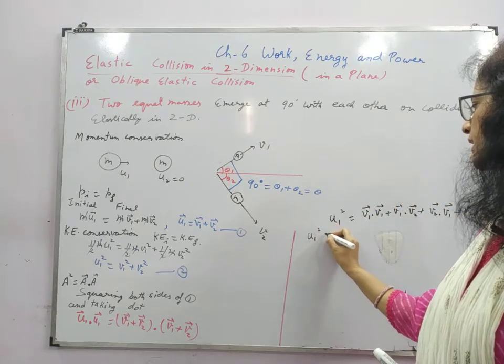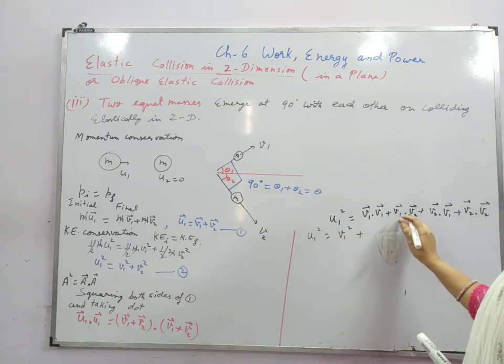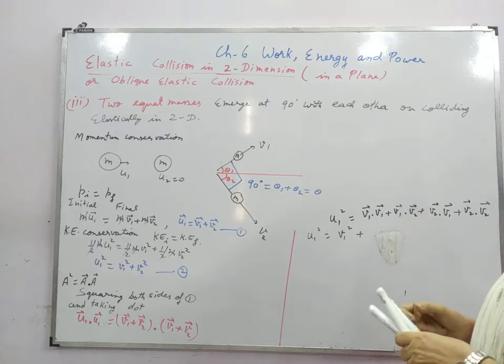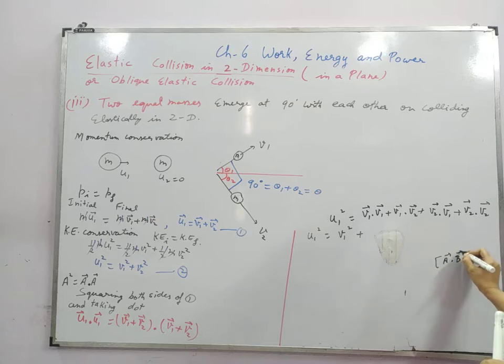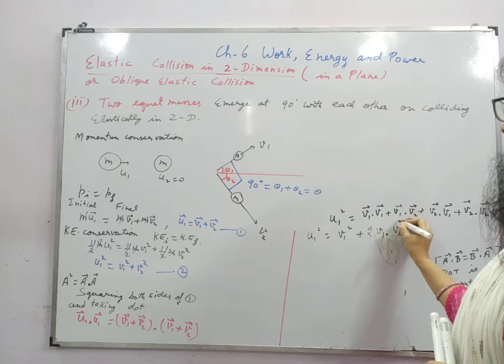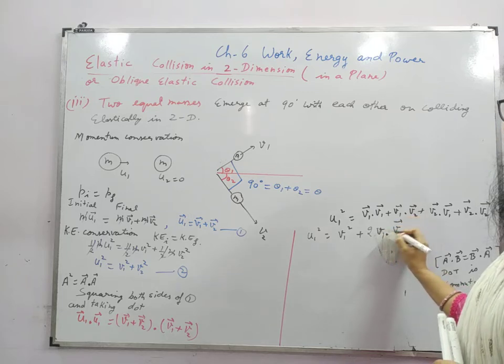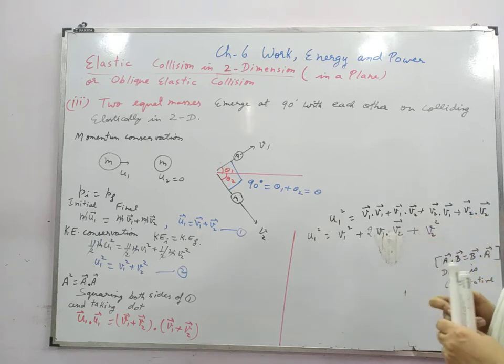So this is u1 square is equal to v1 dot v1 can be written v1 square plus v1 dot v2 and v2 dot v1 are equal. Why? Because a dot b is equal to b dot a. Dot product is commutative. So therefore I can write 2 v1 dot v2 plus v2 dot v2 can be written v2 square, right?